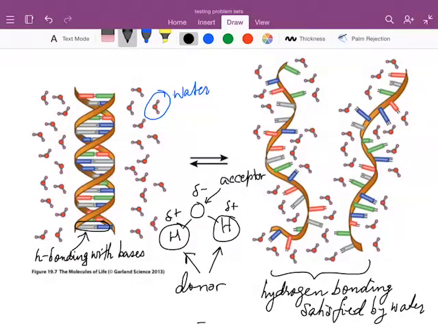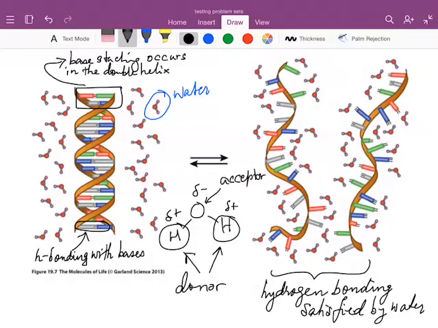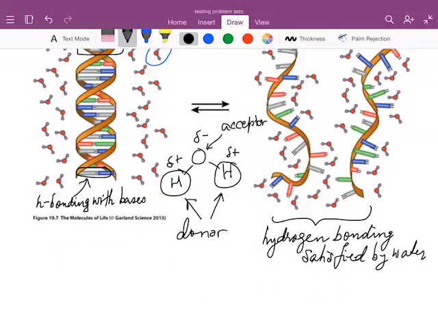On the other hand, the base stacking, which is the interaction in the vertical direction, is unique to the double-stranded form. So base stacking occurs only in the double helix, not in the single-stranded form, at least as drawn here. And so the net effect, when considering the two terms, is that base stacking ends up favoring the double helix, and hydrogen bonding is a neutral player to a first approximation.